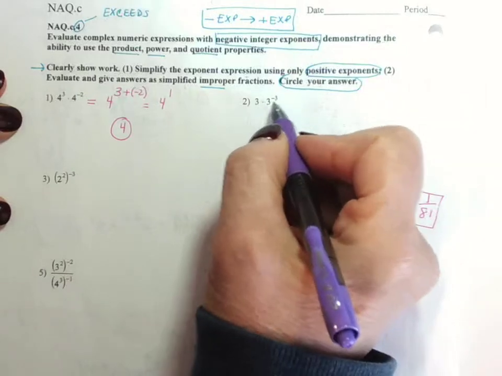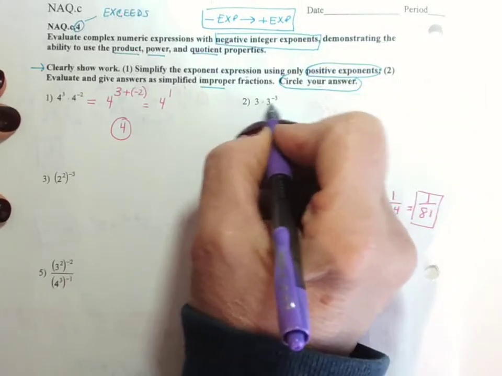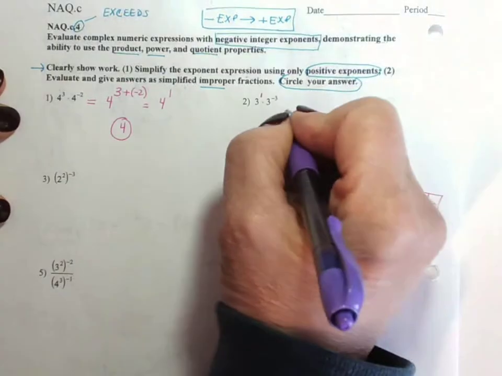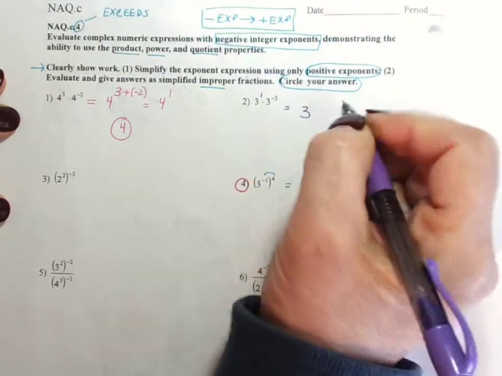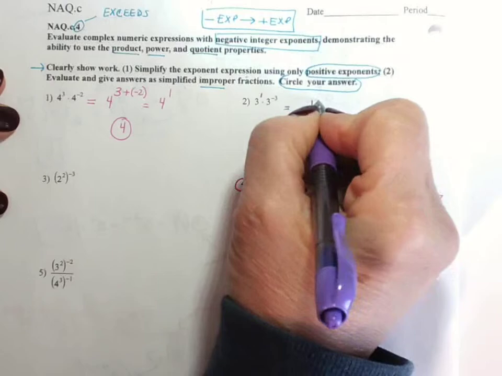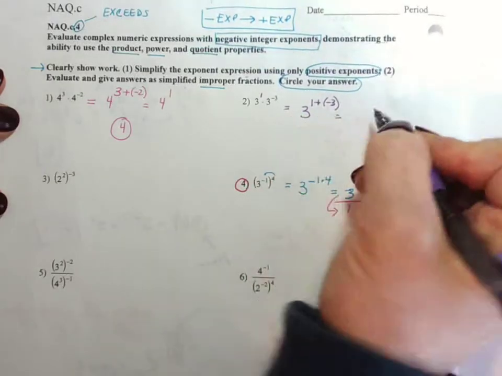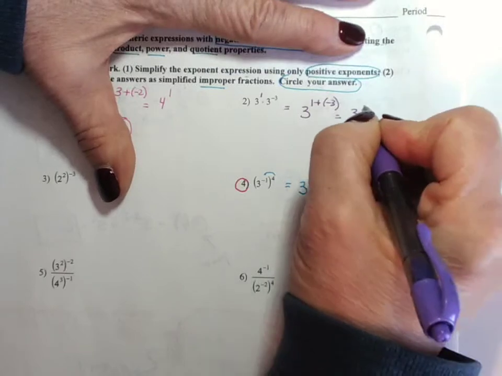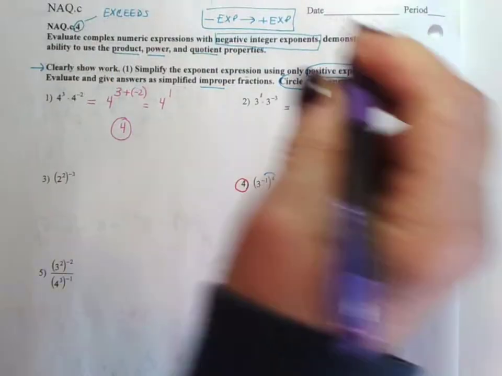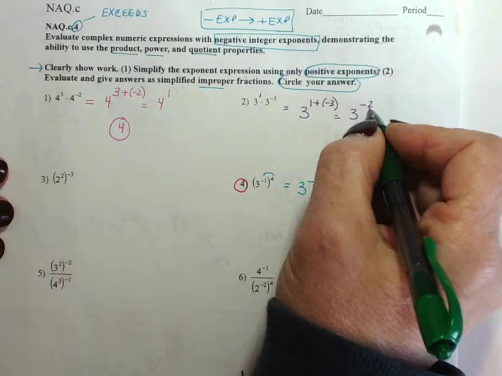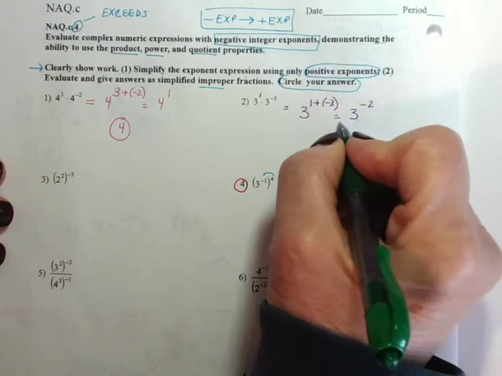Here, okay, again, I have the product rule. There's an implied 1 there. So I have 3, 1 plus negative 3 is equal to 3 to the negative 2. But I cannot leave my answer like that. I cannot have negative exponents.